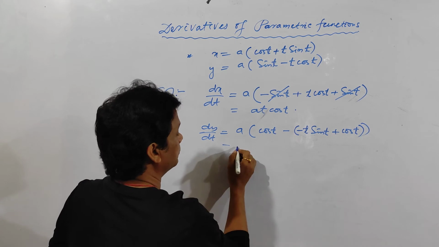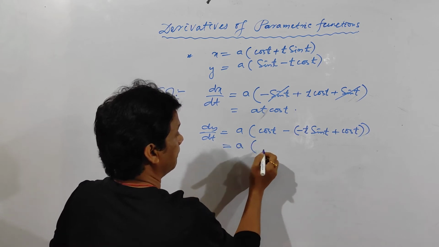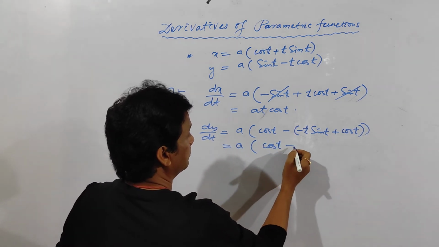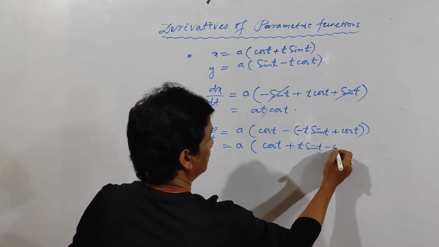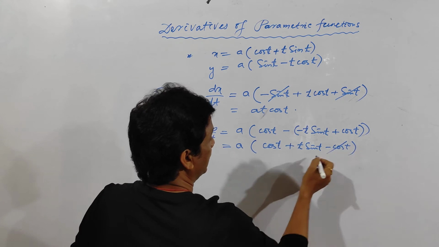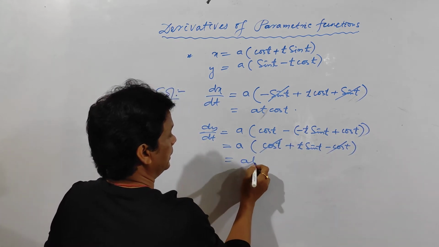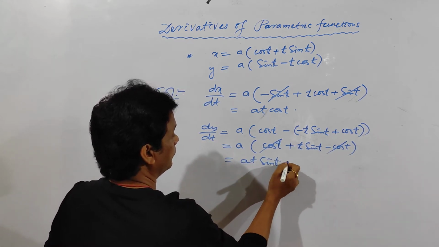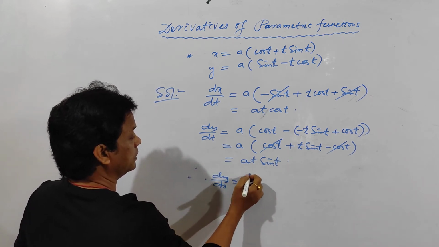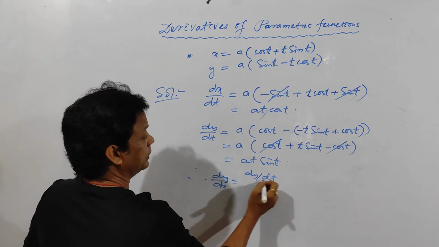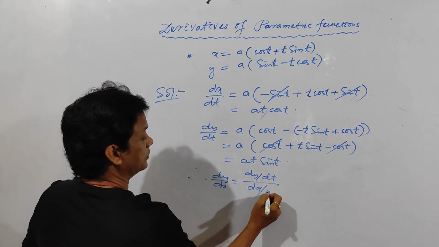Then open the inside bracket. Cos t minus 1 plus t sin t, then minus cos t. So minus cos t plus cos t cancel out. A t sin t.